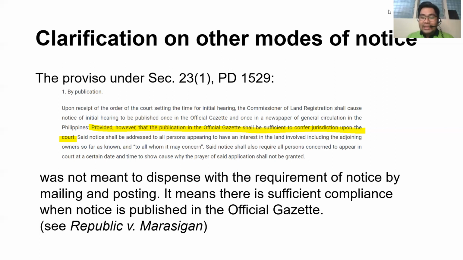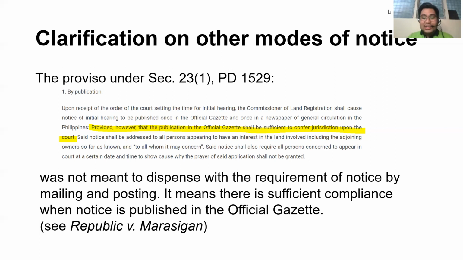Although the law mandates that it should be published once in the official gazette and once in a newspaper of general circulation in the Philippines. Publication alone, however, would not suffice. This is to accord primacy to the official publication. Such proviso was never meant to dispense the other modes of giving notice, which remains mandatory and jurisdictional.